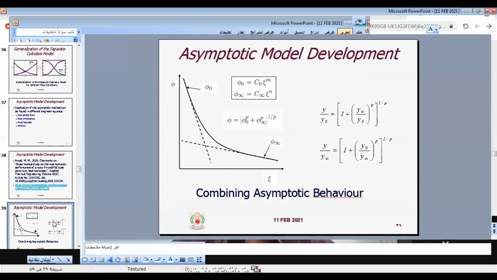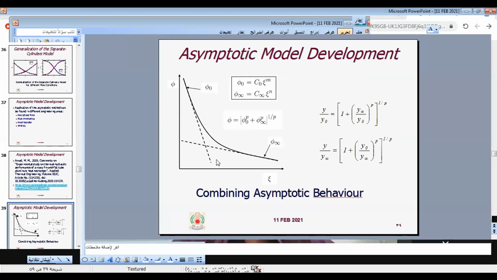In an asymptotic model, as shown in this curve of the relation between the dependent parameter and the independent parameter, from this equation the only unknown is B. So one major advantage of asymptotic models is that they have only one unknown, and we determine this unknown by solving a nonlinear equation near the intersection of these two asymptotes.